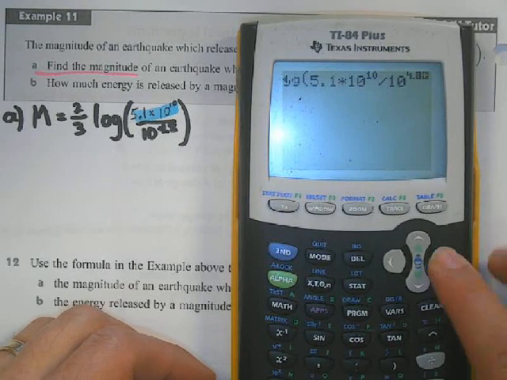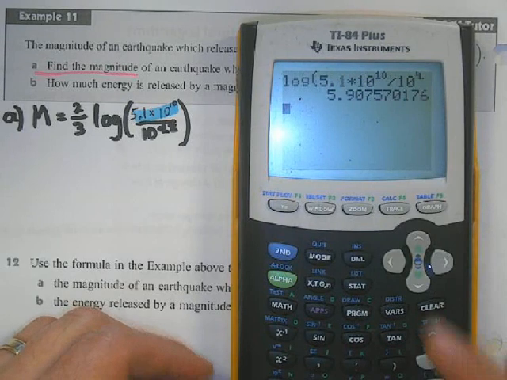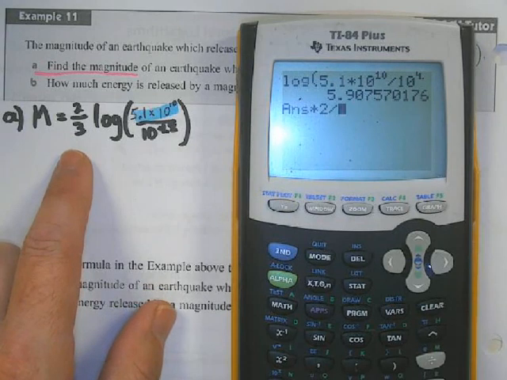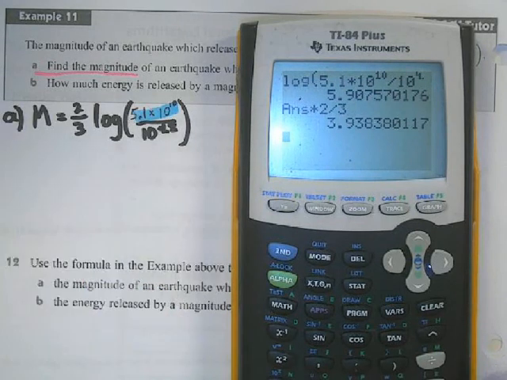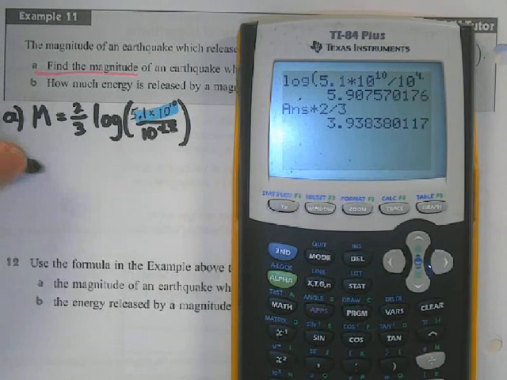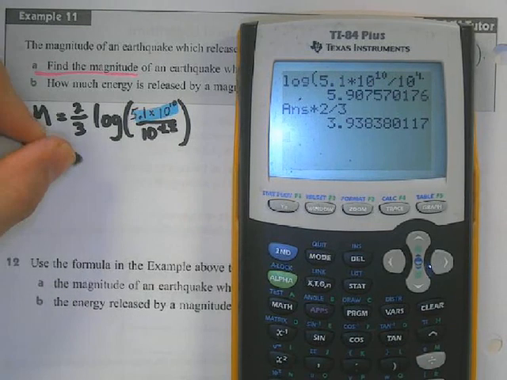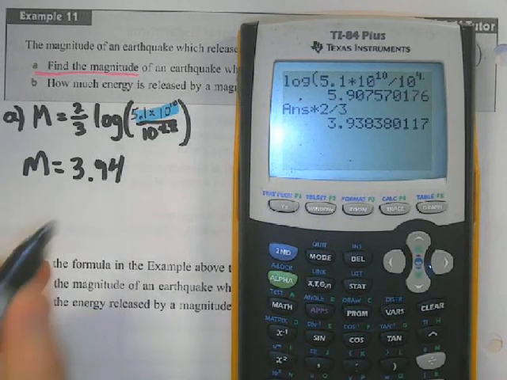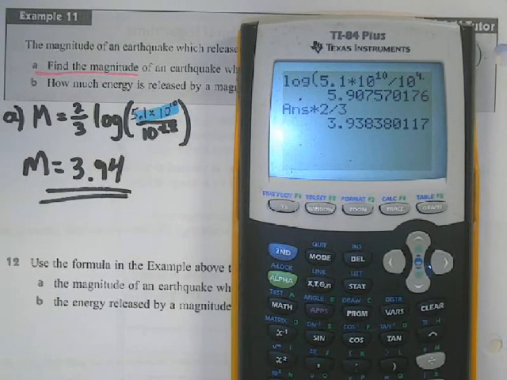Close parentheses, and then we have to multiply that times 2/3, and your answer should be M equals 3.94. And that is the magnitude of the earthquake.